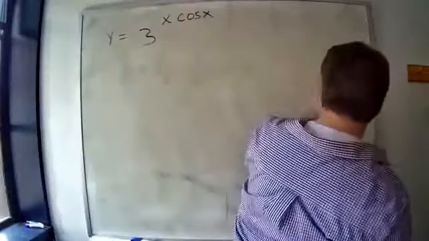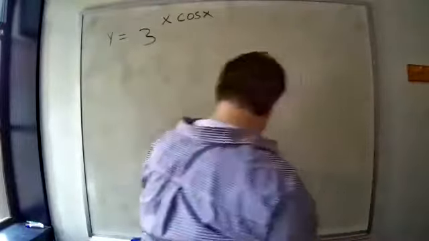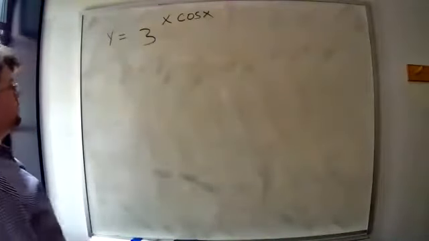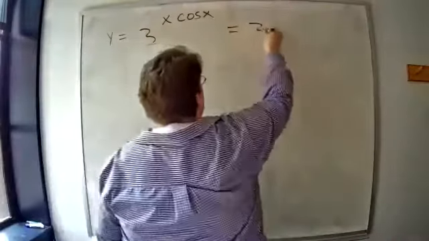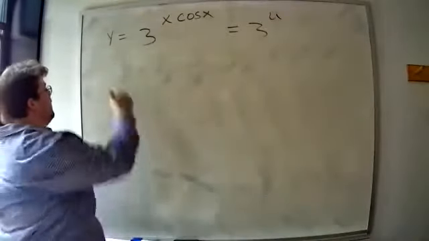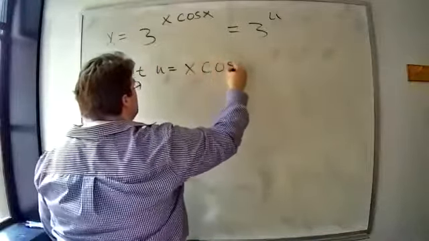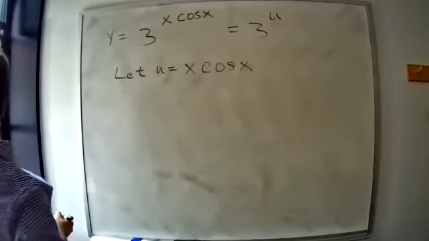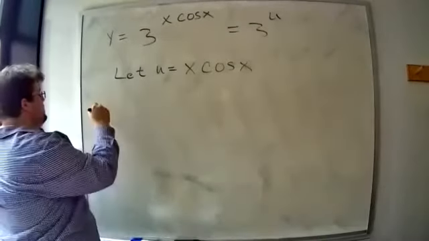So our derivative rules, we have a derivative of a general exponential rule. So let's make a substitution that reduces this to a general exponential rule. In other words, we have all those x's in the numerator. Let's make them a u. So here, u is x cosine x. So we're left with 3 to the u. What's dy du?